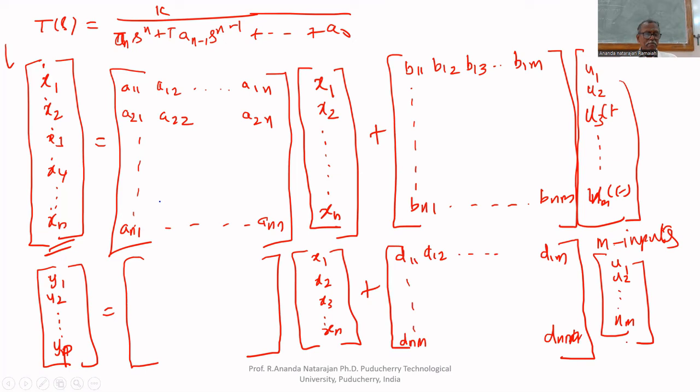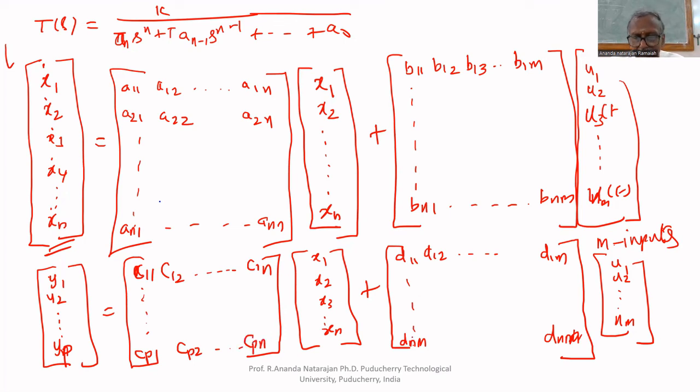How many rows will be there? Only p rows. Here c11, c12, etc., c1n, etc., cp1, cp2, etc., cpn.